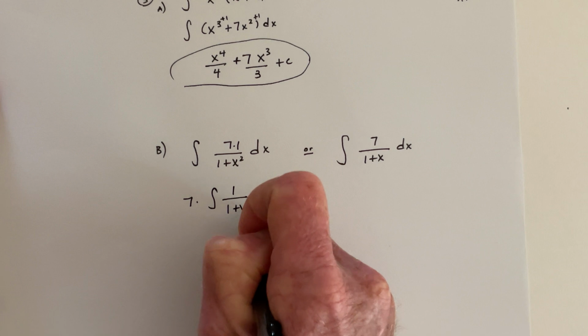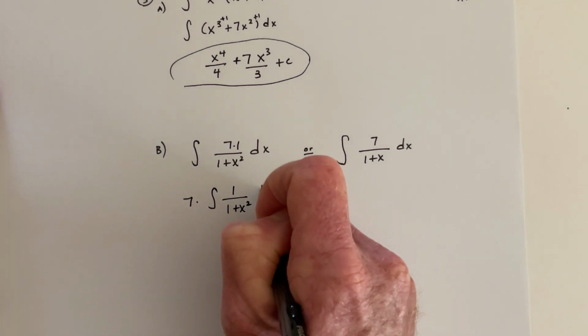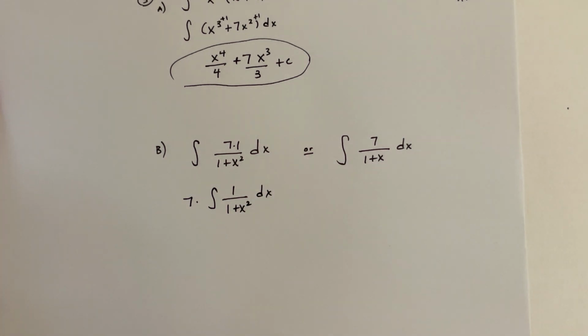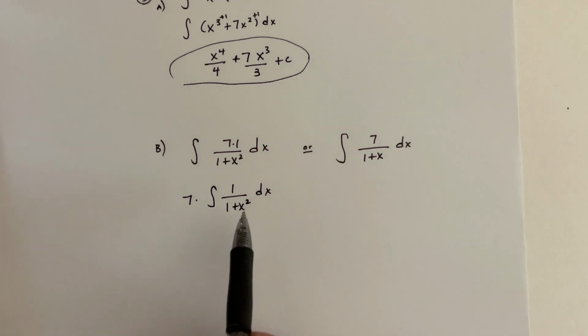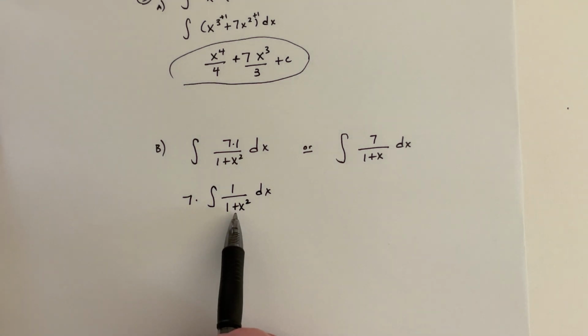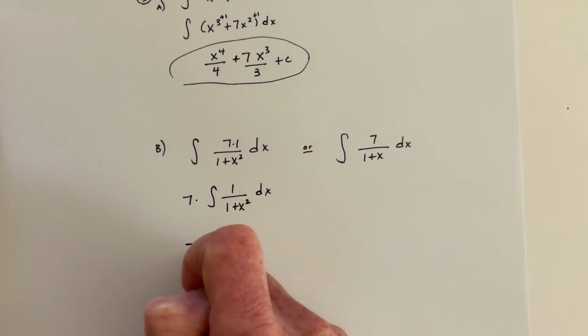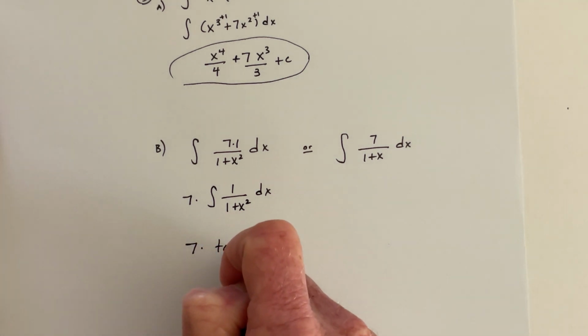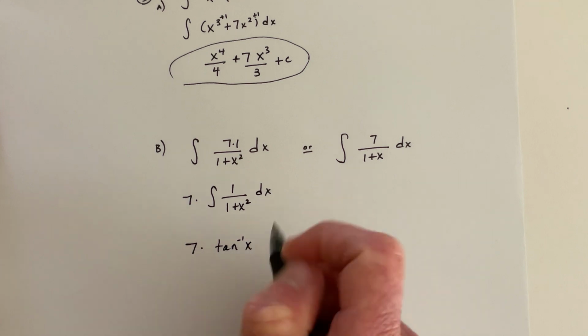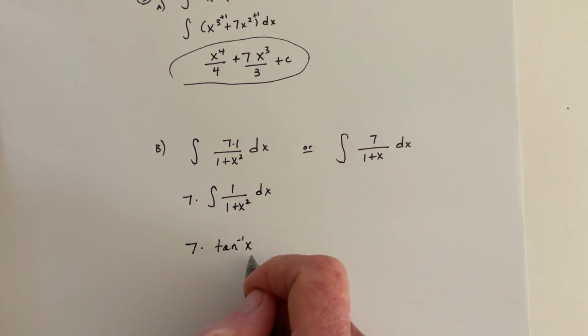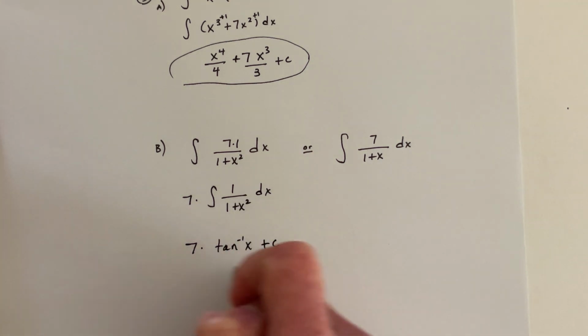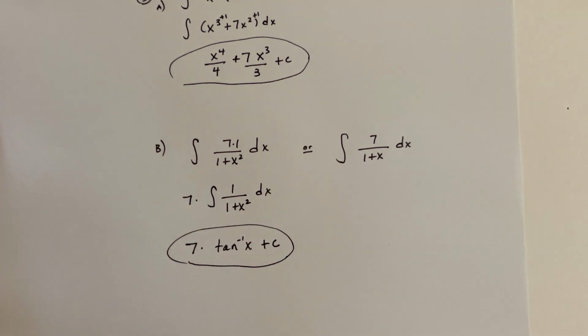And then it leaves 1 over 1 plus x squared. And then your brain goes, oh, I recognize that. That comes from the derivative of tangent inverse. And I say, you are so right. That means the antiderivative of 1 over 1 plus x squared is the tangent inverse. Put a plus c at the end, and it's done.